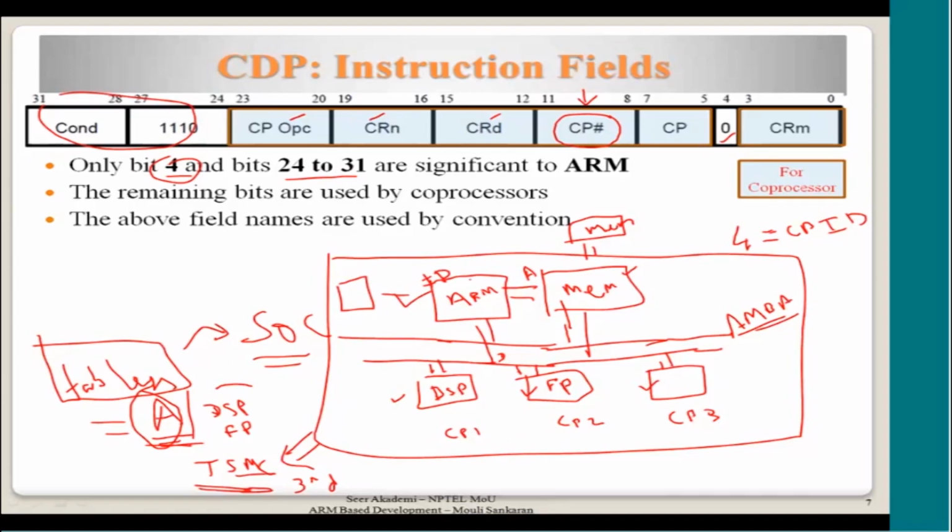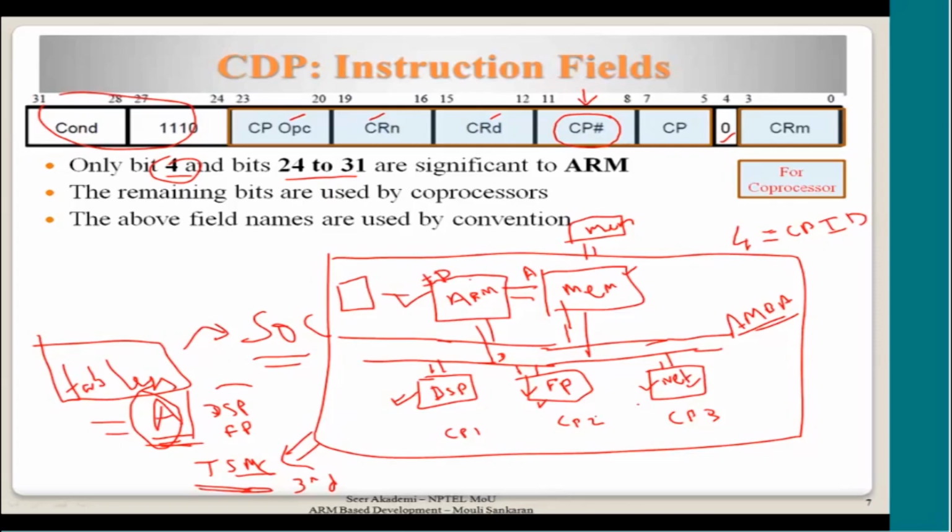The DSP core may come from a specific company, and the floating point core may come from another company who are experts in giving top IPs which can be integrated with the SoC. Another company may provide a networking or encryption IP built as a coprocessor.